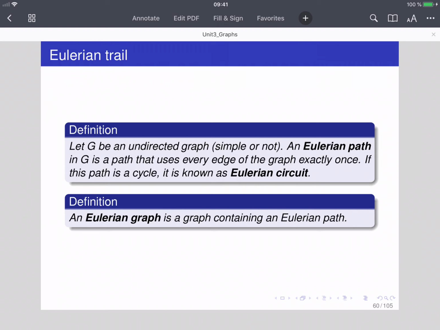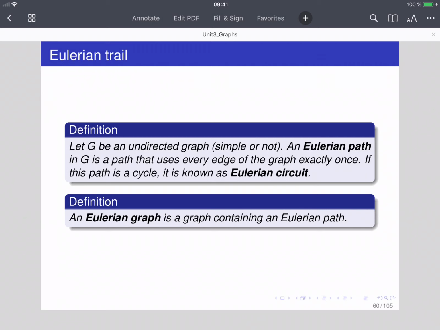Okay, so our goal in this lecture is to try to find a way of determining if a given graph has a path that uses all the edges once and only once, and if we determine that there is such a path, then to find it. Okay, so that is what we are going to do, and we are going to solve completely this kind of problem for any kind of graph.